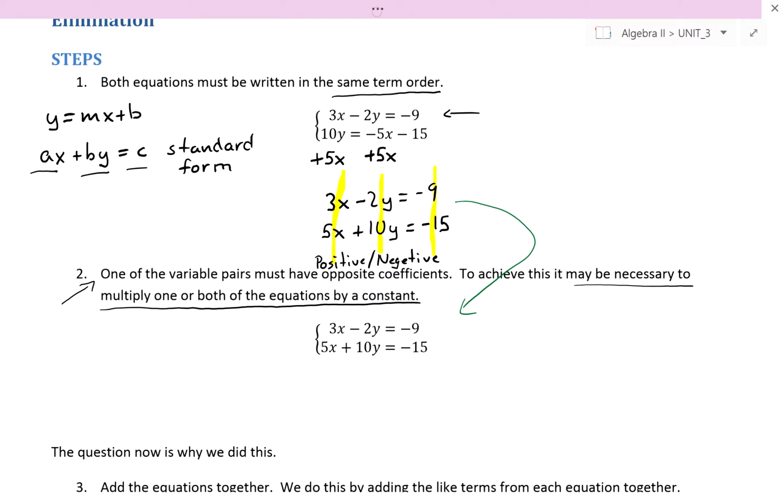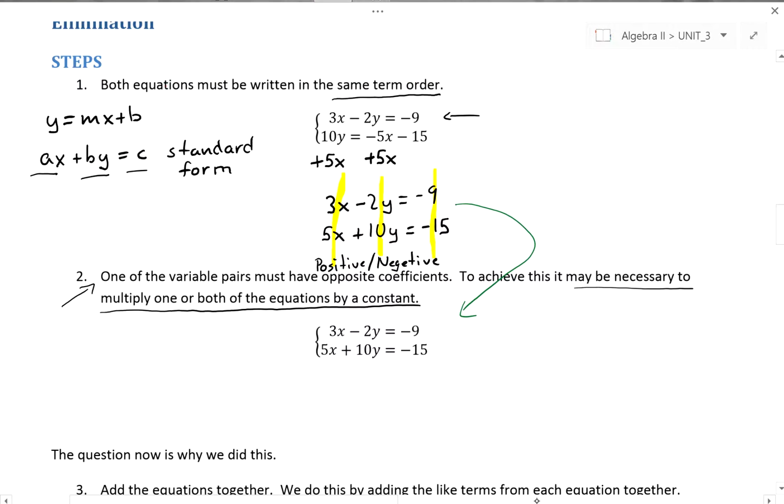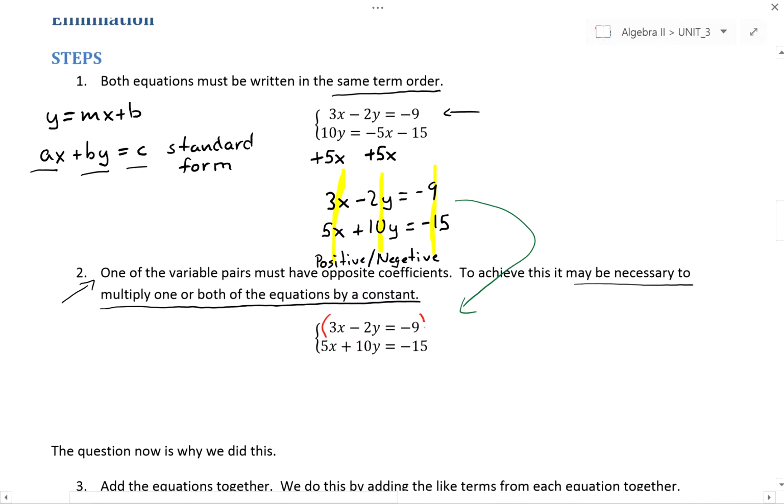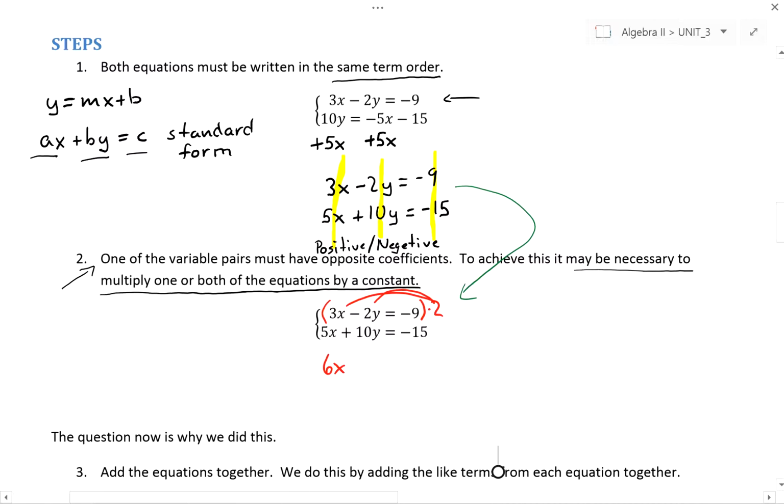I'm going to take this top equation and I'm going to multiply the entire equation by 2. You can't just multiply one term. You have to multiply the entire equation by 2 in order to make sure you're maintaining balance in your equation. So 2 times 3x is 6x. 2 times negative 2y. Oh, we're not multiplying by 2, we're multiplying by 5, aren't we?